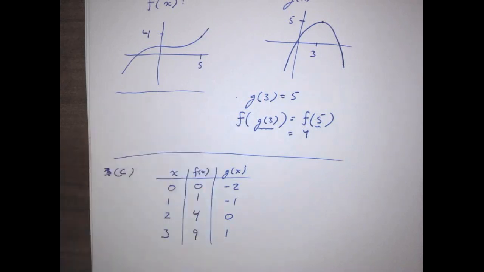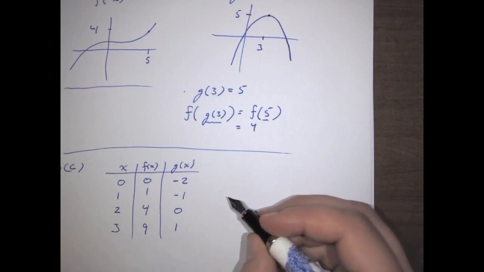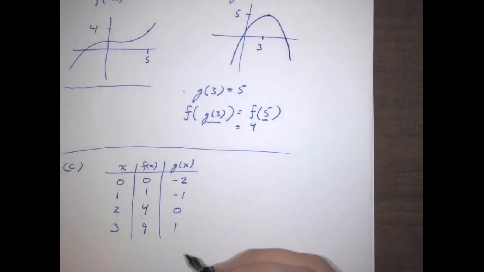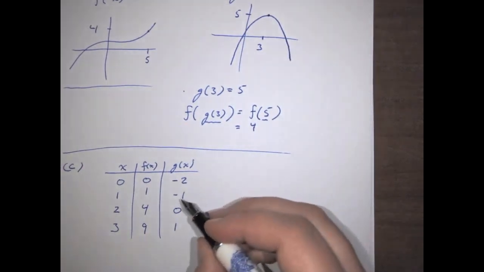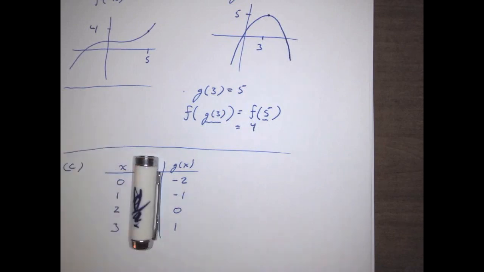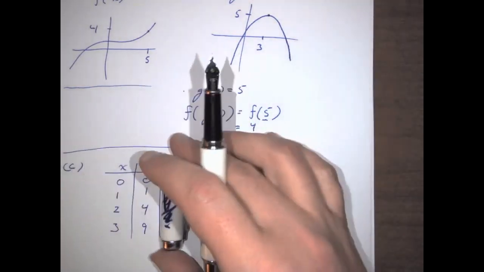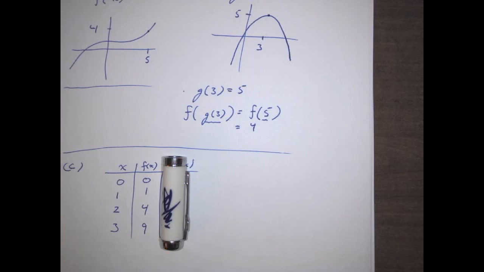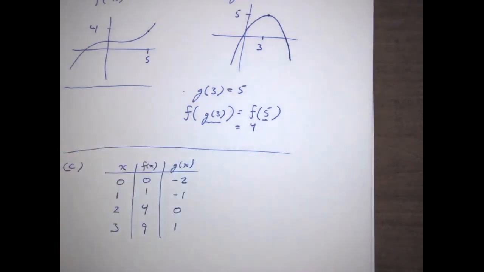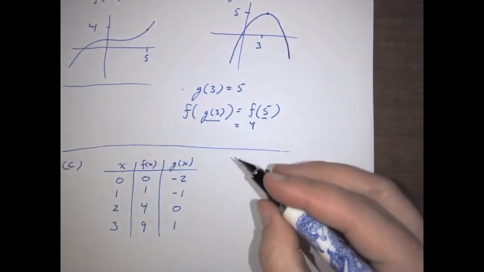Alright, now the way to read a function like this off of a table like this is basically to ignore the other function and just think of it as being a table for g and a table for f, and then to save space they're just put together in one table.